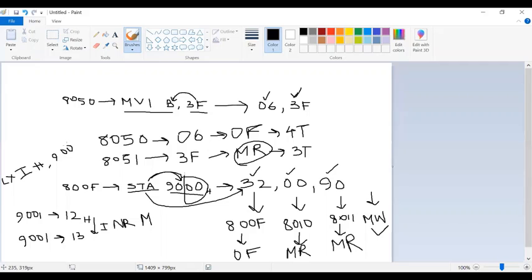Okay, so the HL register pair holds this memory address where some data byte is there. What is that data byte? 12. So the HL register pair holds this 9001 only. This one is your H, this one is your L. So it stores 9001.